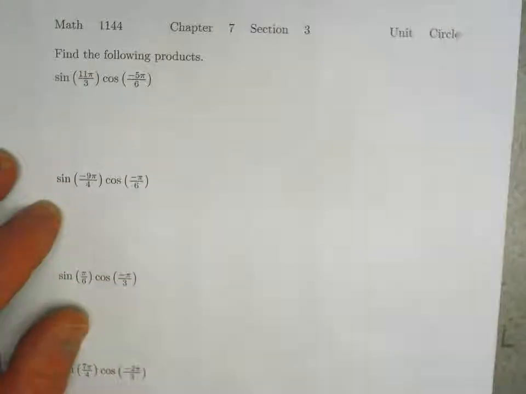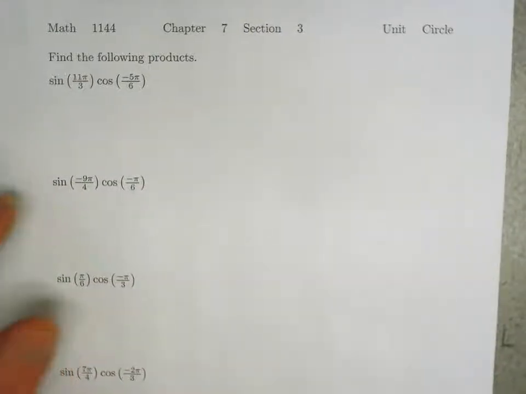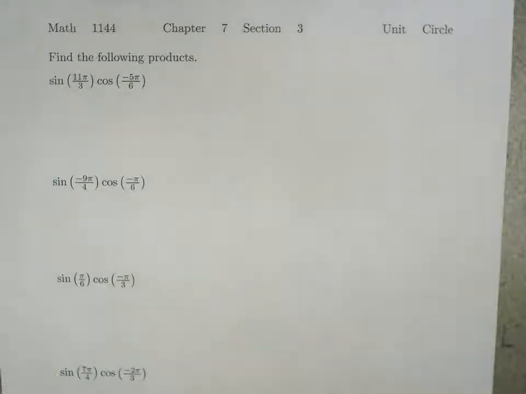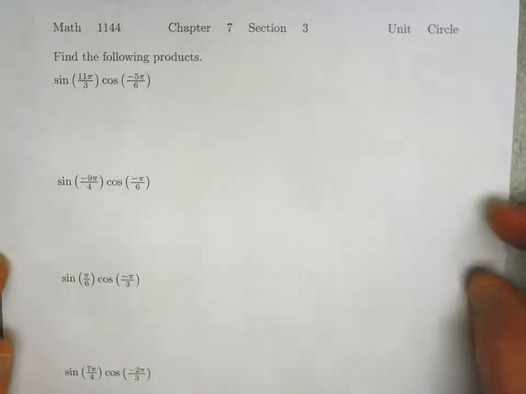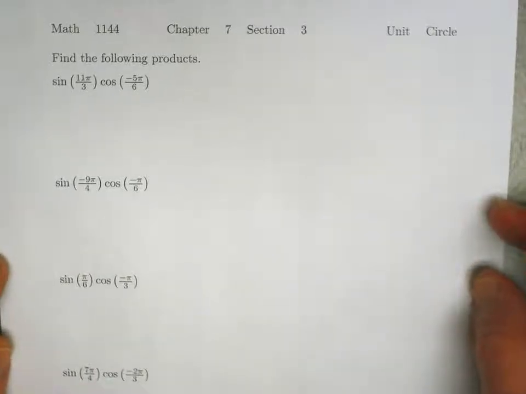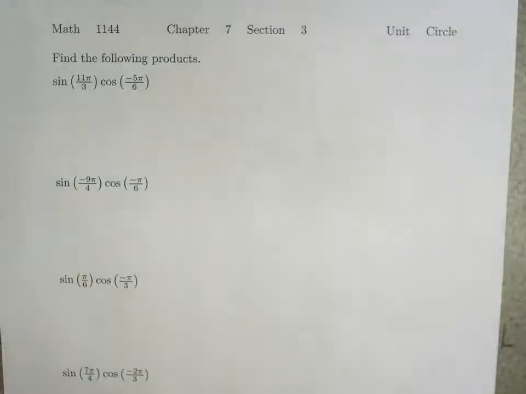Okay, next thing we'll do is find the following products. So we want to multiply sine of 11 pi over 3 times cosine of negative 5 pi over 6.